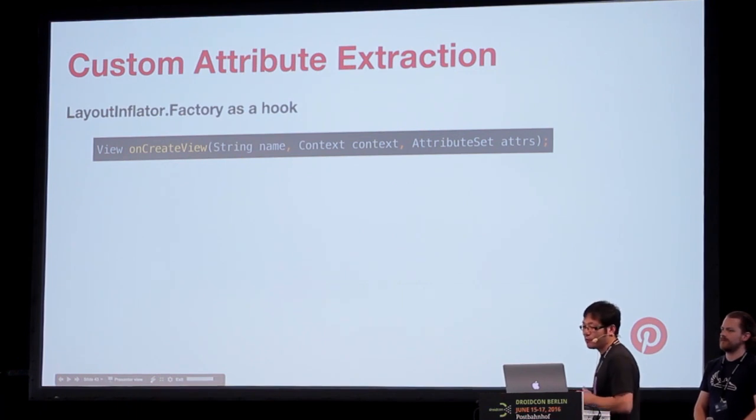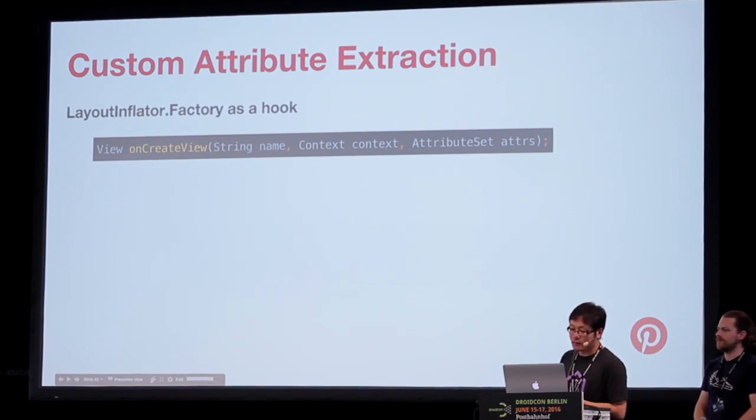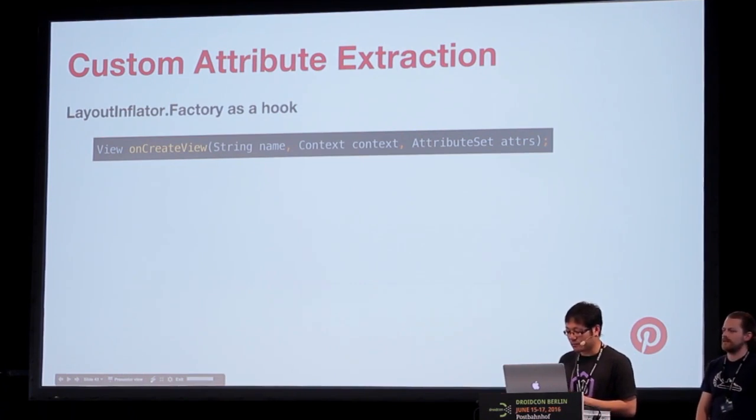So right before a view is created by the default inflater, the method onCreateView will be called. At this moment, the attributes of that view are available, and we are able to parse out the Braille attributes, save them, and apply them back to the view once the view is properly inflated by the default inflater. It is simple, right?